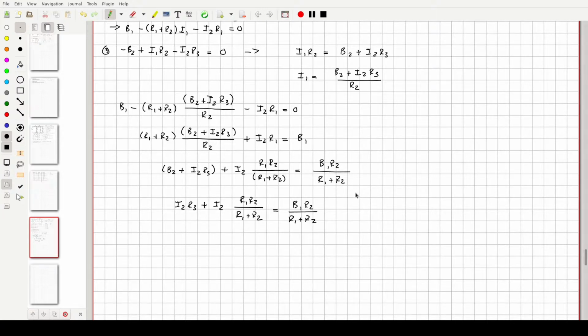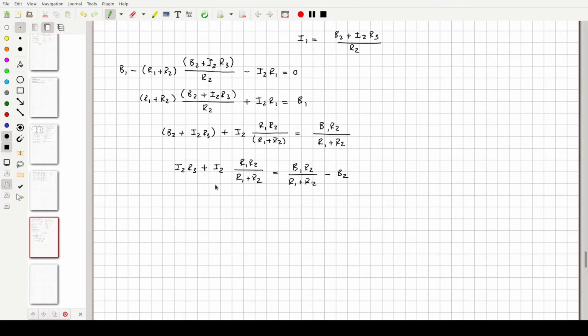This is all algebra. I mean, we stopped doing physics way up here where we were doing loops. And then I'm moving the B2 over here like that. Now you could plug stuff in and pull things out if you want to. I'm going to go ahead and pull the I2 out.